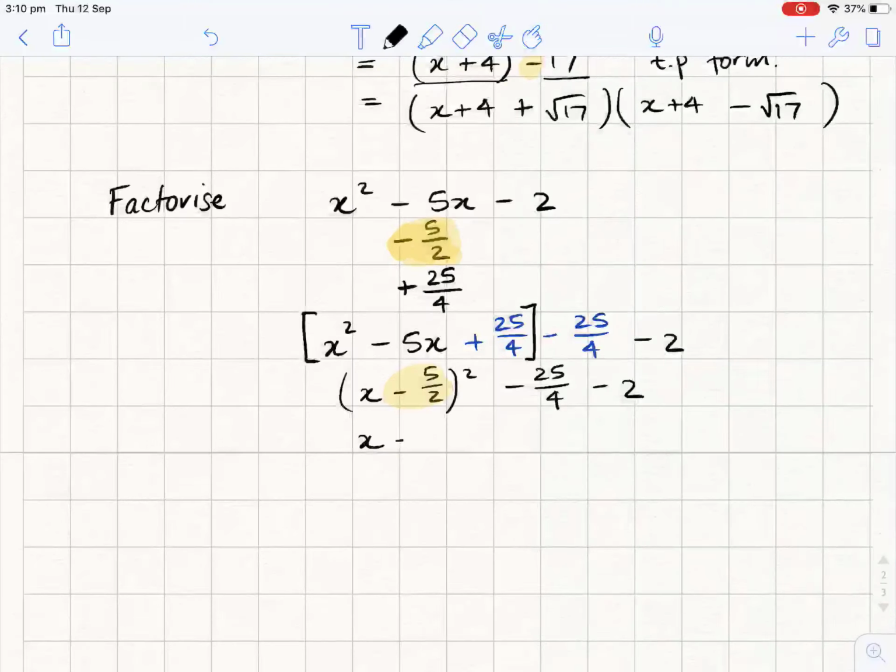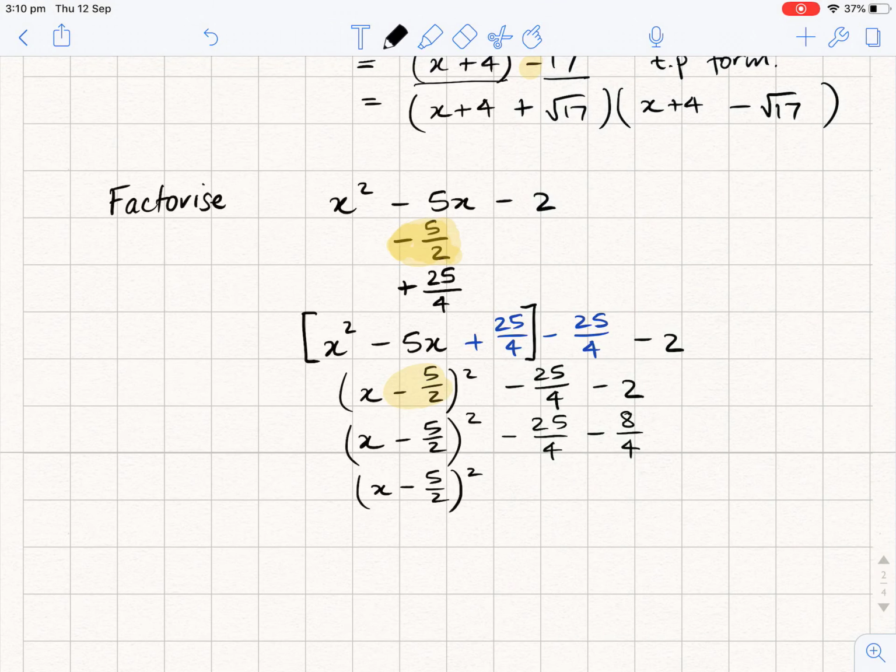Now I've just got to simplify that end expression, and I am adding fractions. To add fractions, I need to get a common denominator. Once I have my common denominator, I can put together those numerators, which becomes 33 over 4. I now have turning point form.